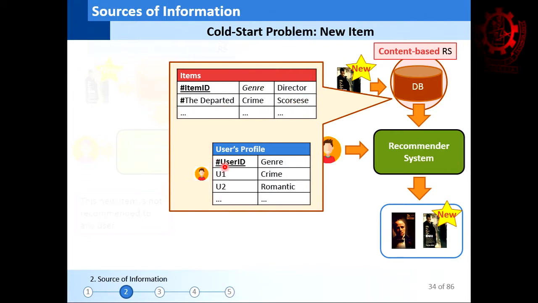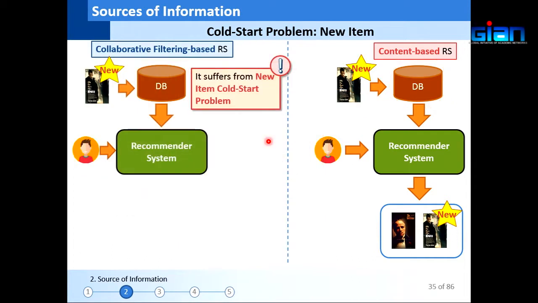If a user likes crime films, we can recommend it. So the collaborative filtering-based recommender system has the drawback of suffering the new item cold start problem.